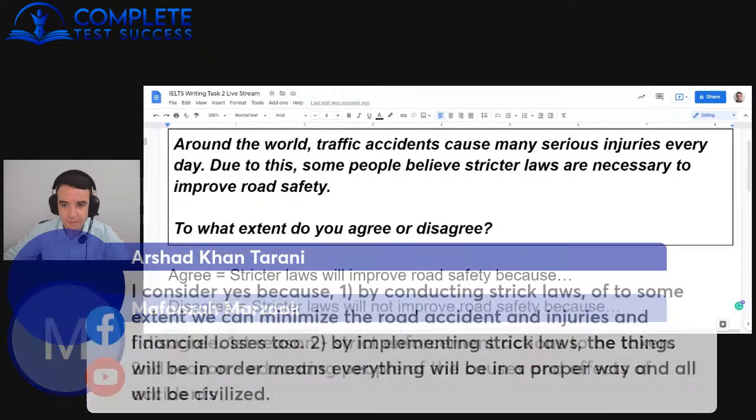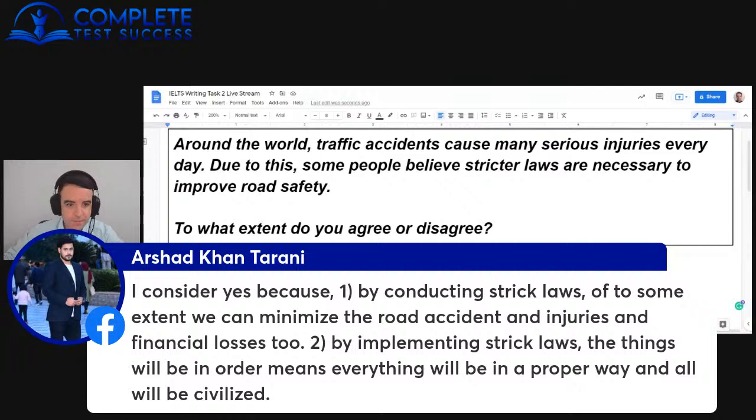Okay, we looked at that one already. Arshad, I consider yes. So that's not clear. To say I agree and I consider yes, those aren't accurate synonyms. So I agree because, one, by conducting strict laws up to some extent, we can minimize the road accidents and injuries, financial losses too.